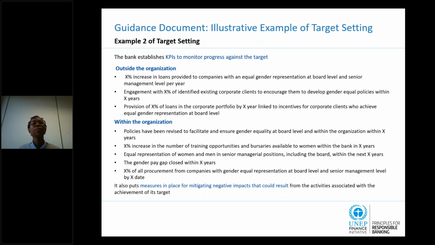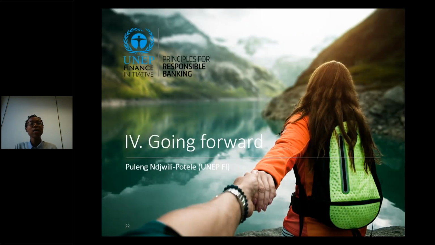So monitor that, make sure that you're aware of if there are any negative impacts, and then address them. Right, so that brings us to the end of the examples of target setting.